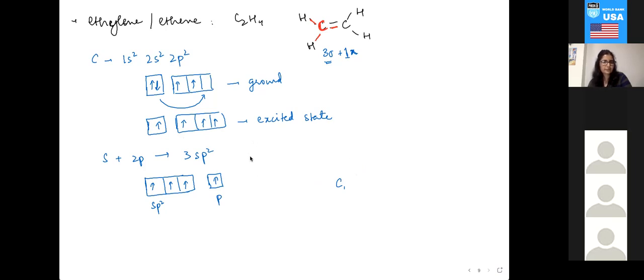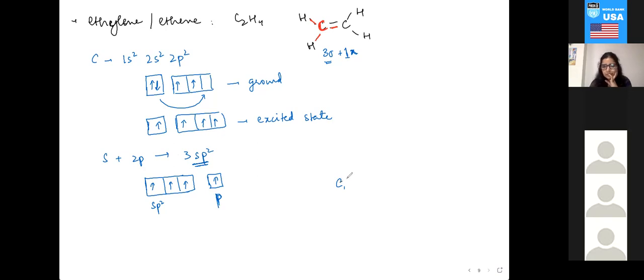There are 3 sp2 hybrid orbitals, which means that 3 atomic orbitals need to take part. So that's one s and 2 of the p orbitals. And the last p orbital will not take part. I've written it here, right? So that's unchanged.